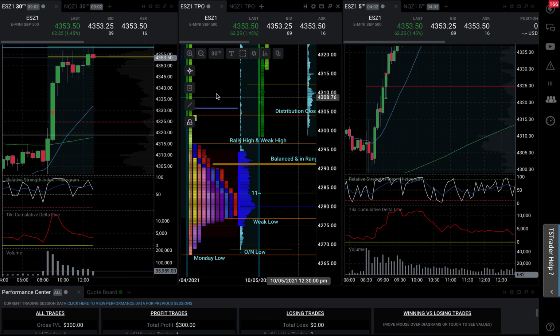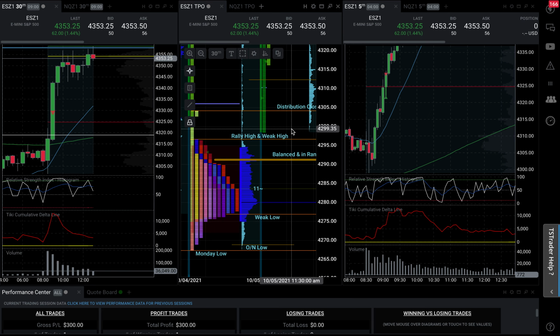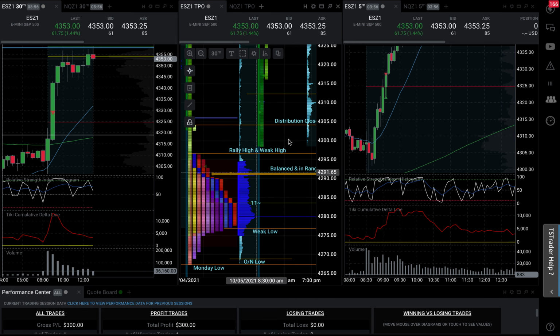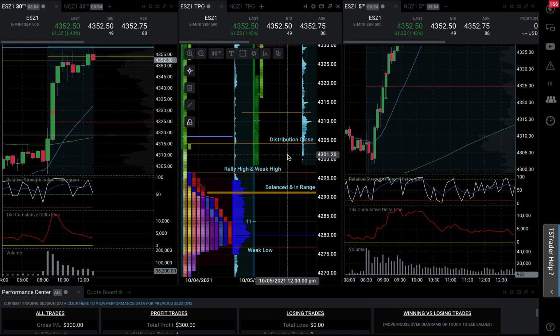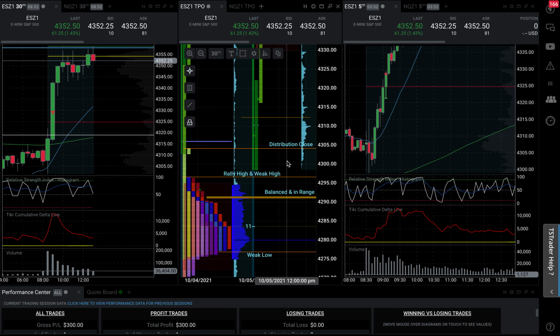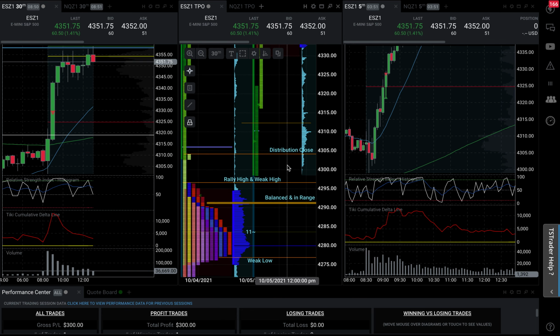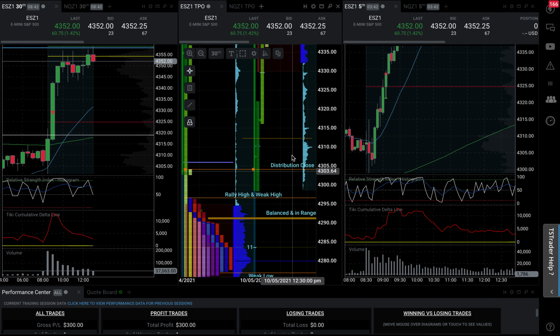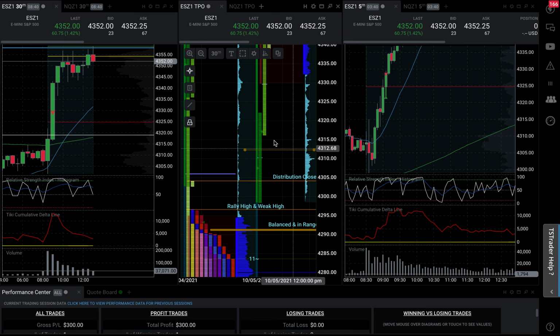That would have been a nice extra $300, $400, whichever it was. Price continued to go higher, broke overnight high, made more support here, broke higher.